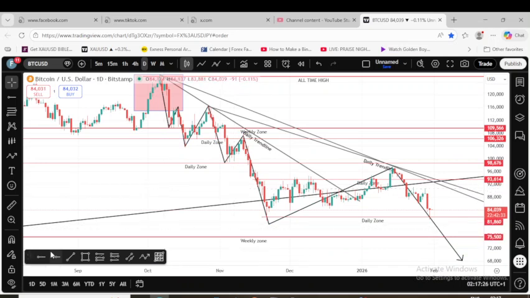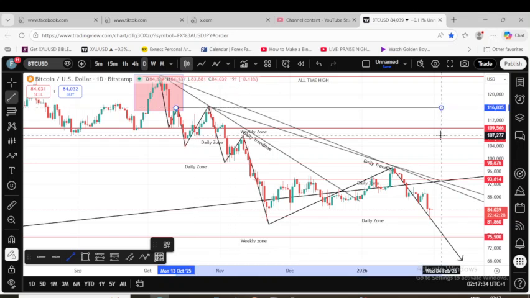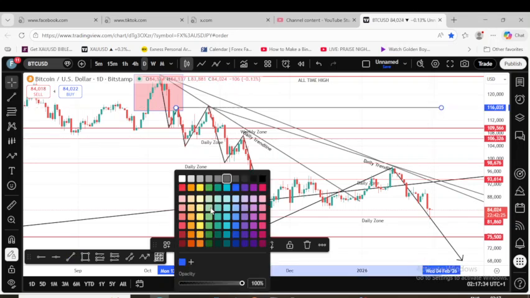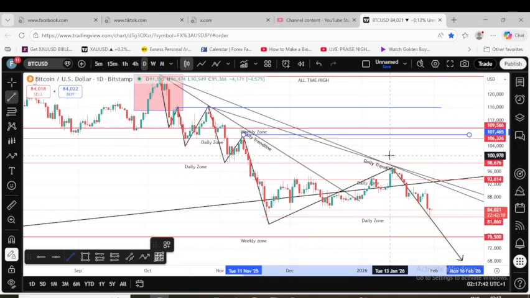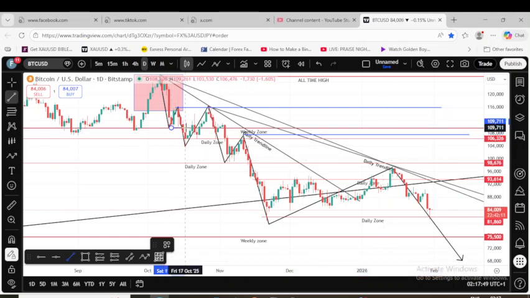Okay, so let's identify our swing highs and our swing lows. So this is my swing high, or my lower high. Let's make it blue. Let's come here, swing high. This one has not yet been confirmed. So now let's identify our swing lows.